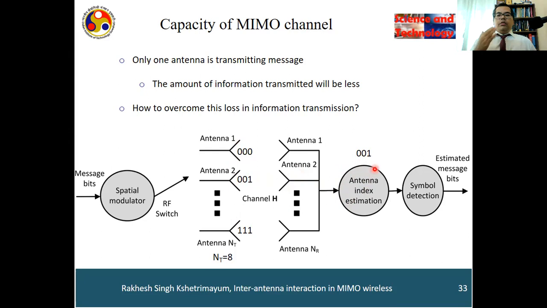So there is a huge improvement in the data transfer rate. That's the idea of spatial modulation: modulation over space by giving an antenna index to the transmitting antennas. When you have more antennas, you can have more bits to index the antenna, and the receiver will do the antenna index estimation, giving a significant improvement in the spectral efficiency.